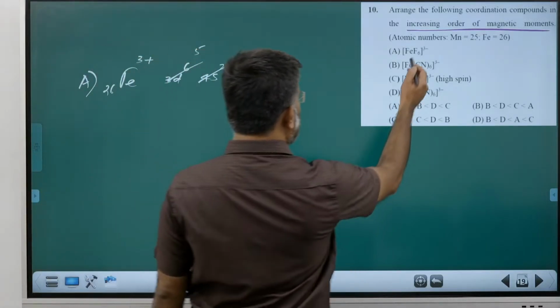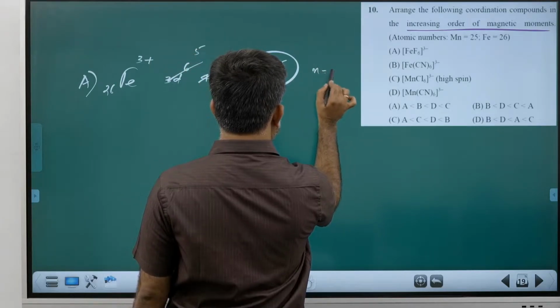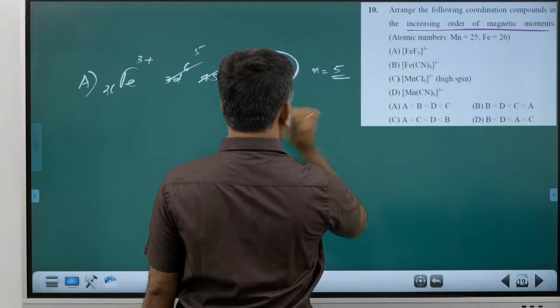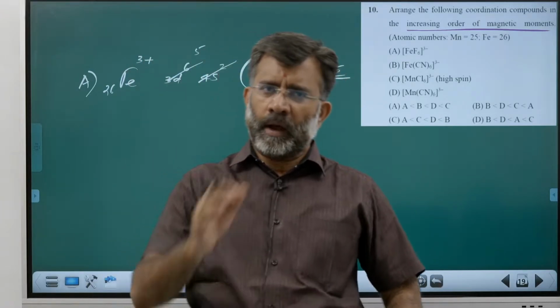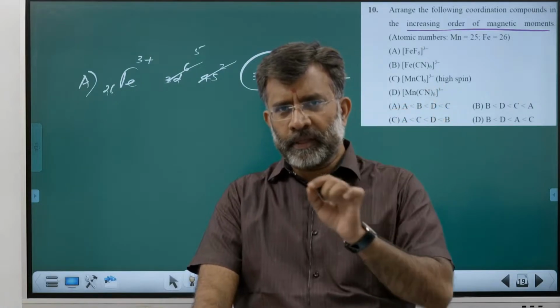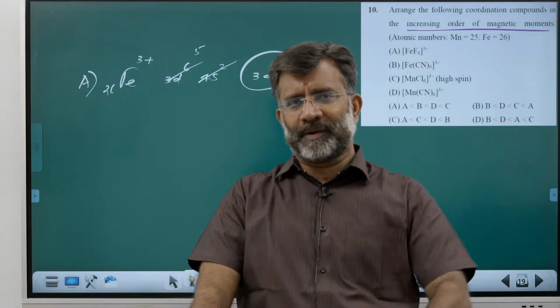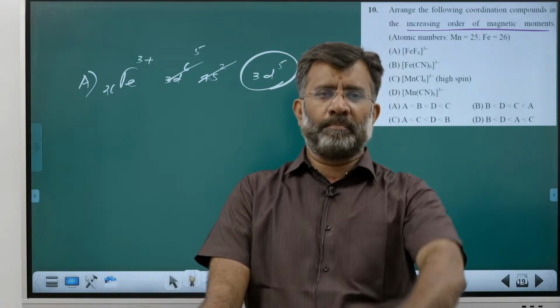Being a weak field ligand, these electrons remain as such, so there will be 5 unpaired electrons. We know magnetic moment is related to unpaired electrons, so the order of magnetic moment will be the order of the number of unpaired electrons. So in the first choice we have 5 unpaired electrons.